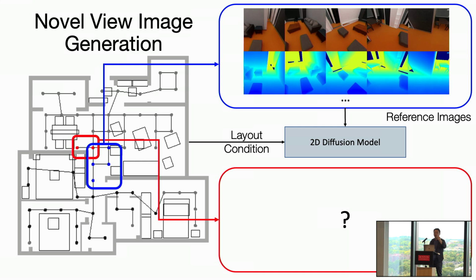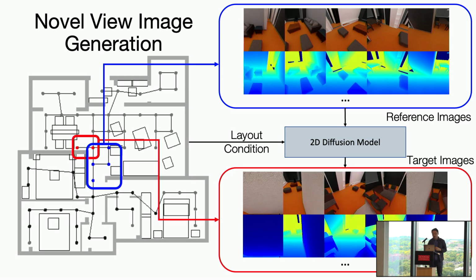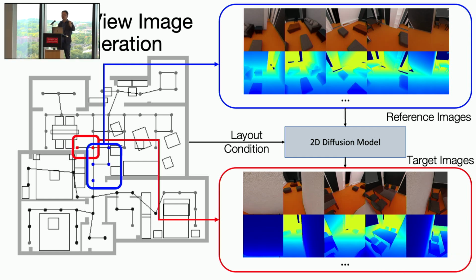One is RGBD images from the reference locations, those blue nodes, and also the layout around those red locations, because we know in this red location there should be a couch, there should be a bed, something like that. With that, we can generate the RGBD images in those red locations.